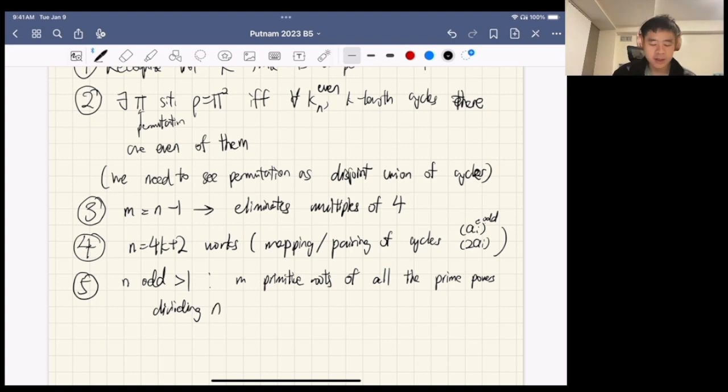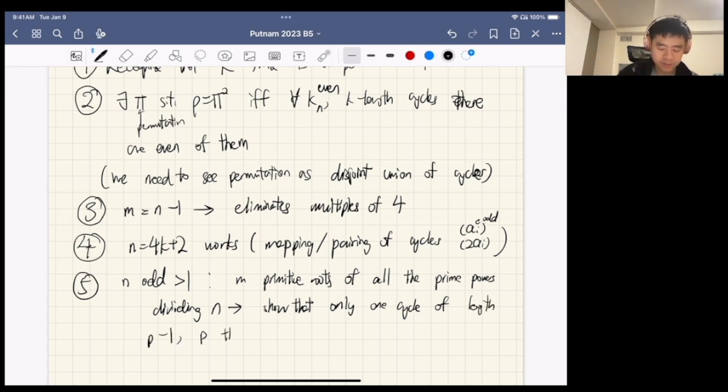Okay, and then show that there is only one cycle of length p minus 1, p the smallest prime divisor of n.